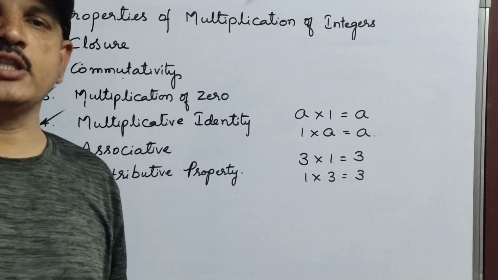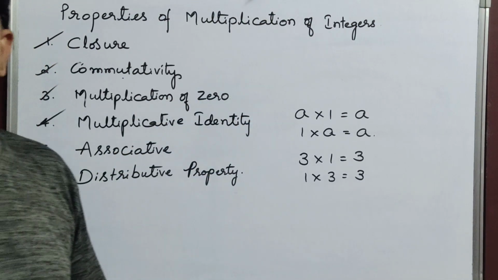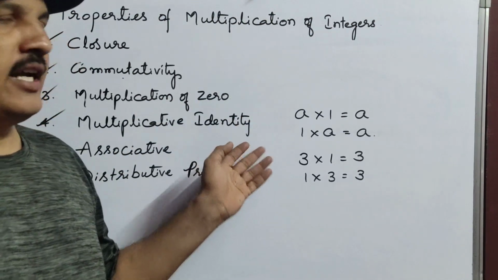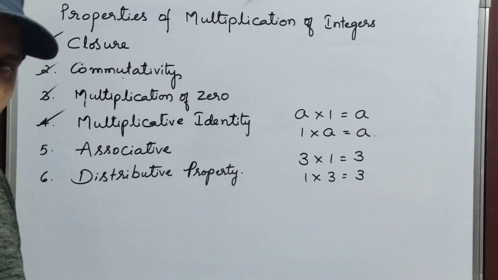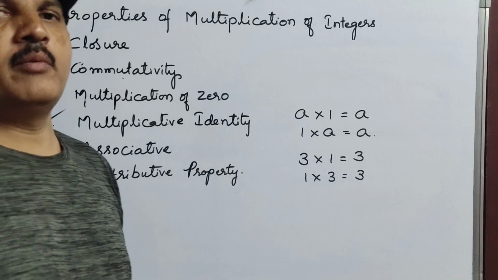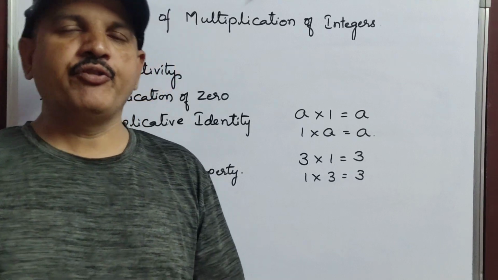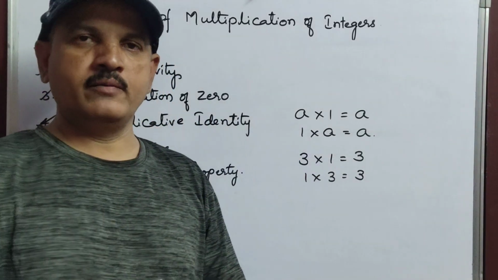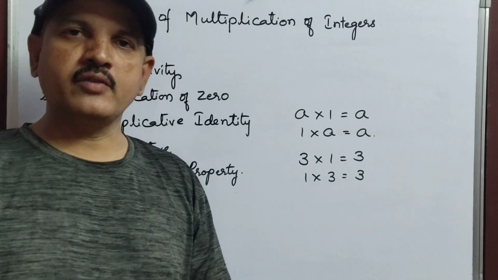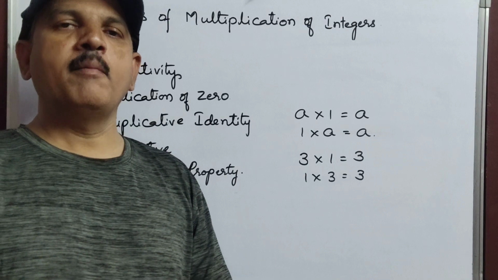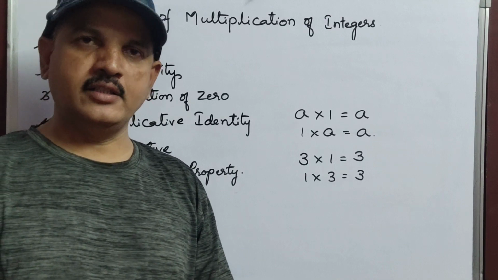When they ask the question, what is the multiplicative identity, you should say that 1 is the multiplicative identity. Why is it called that? If you multiply any number with 1, you will always get the same answer. Because of that, 1 is called multiplicative identity.